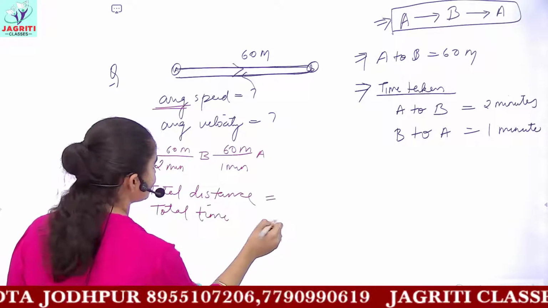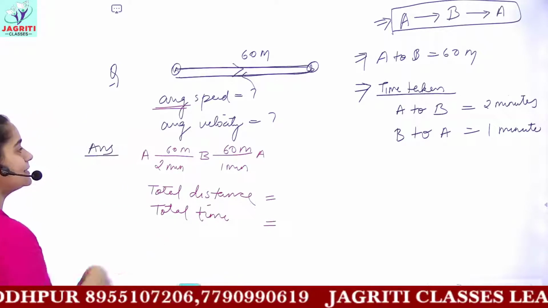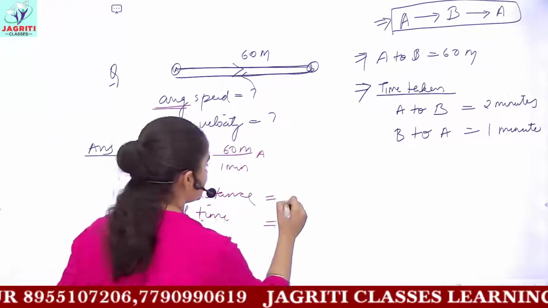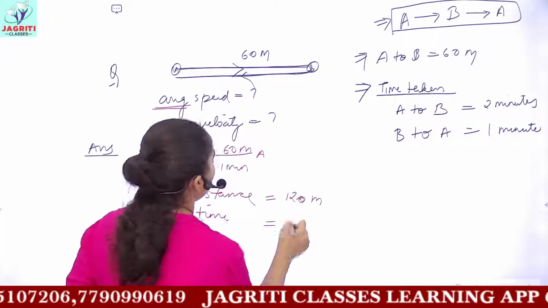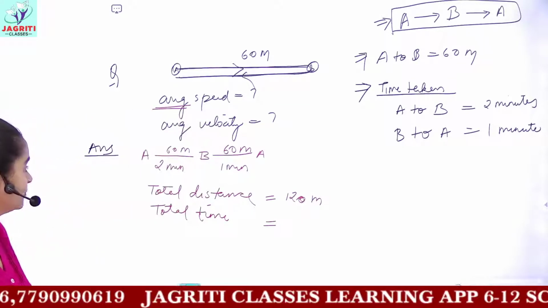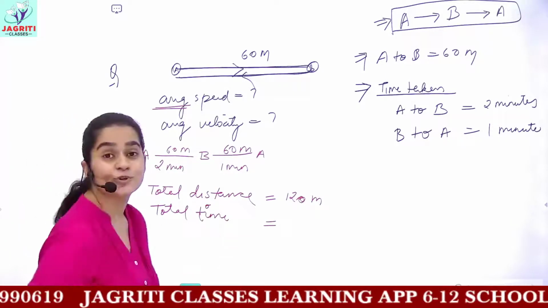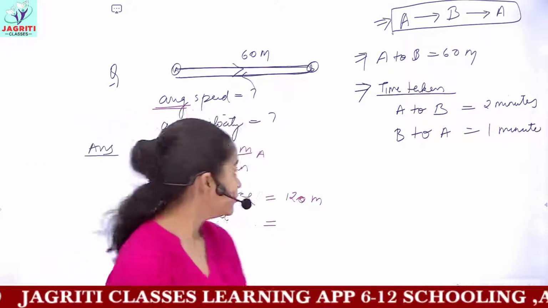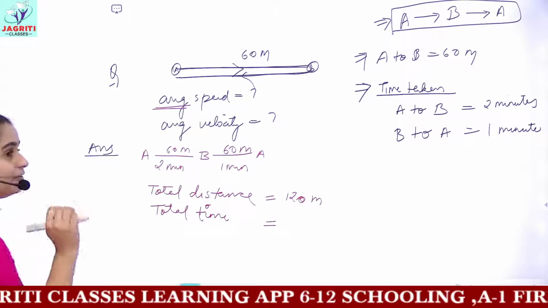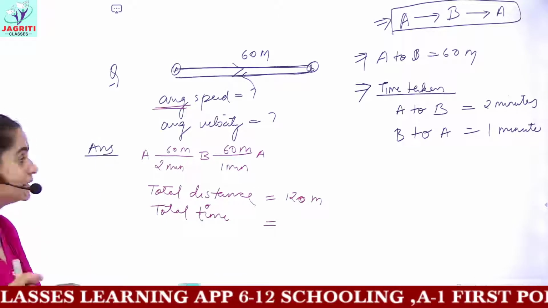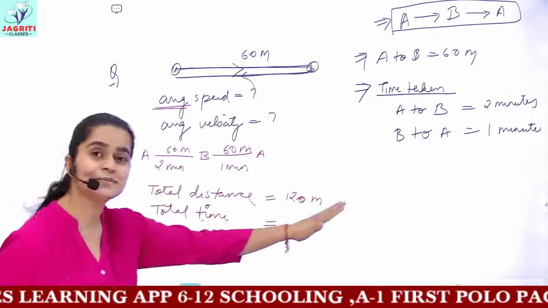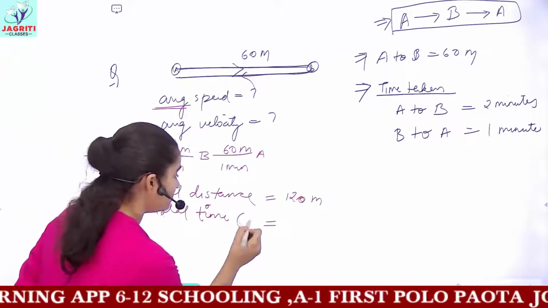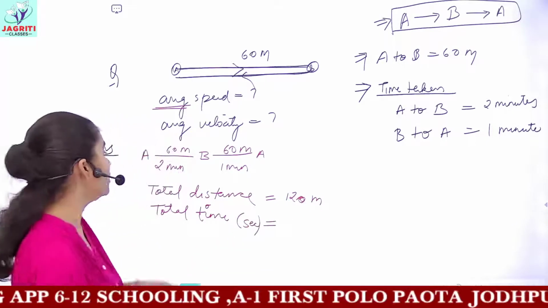So let's see what is the total distance. Total distance is 60 plus 60 meters, which is 120 meters. What is the total time? Yes, we have to convert this to seconds. Why? Because we have to find everything in SI units, standard units, and the standard unit of distance is meter, while the standard unit of time is second. So how to calculate this?